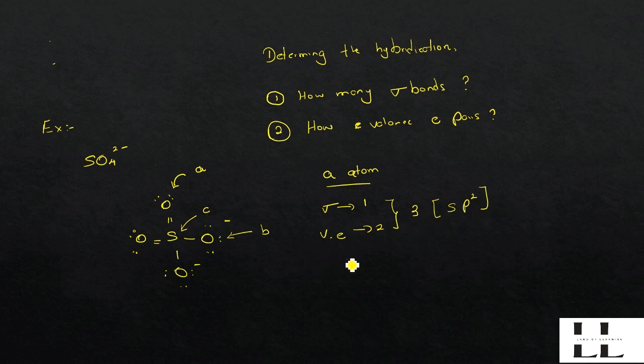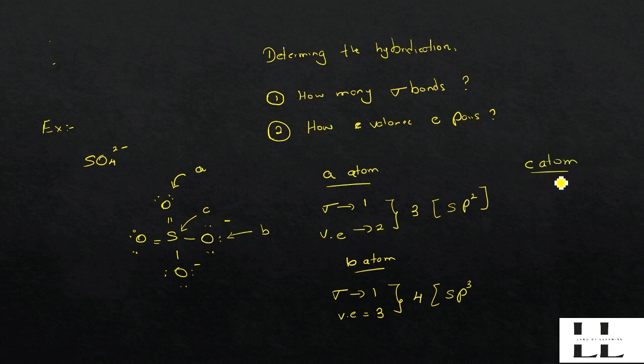Let's take atom B. How many sigma bonds? Only one sigma bond. How many valence electron pairs? 1, 2, 3. Total is 4. Then it should be sp3. Final one, the C atom. How many sigma bonds? 1, 2, 3, 4.